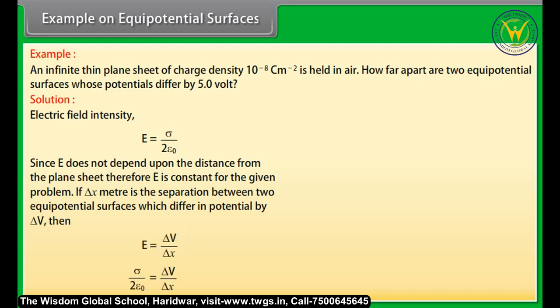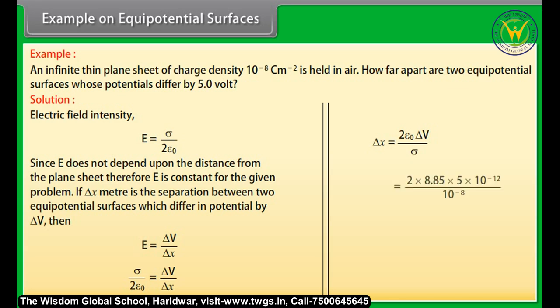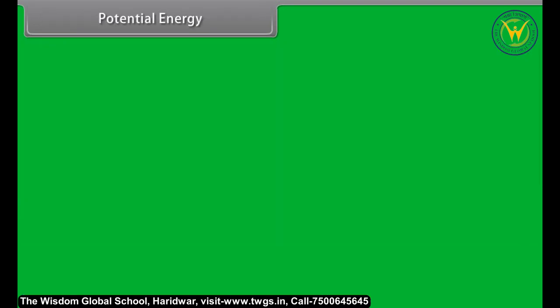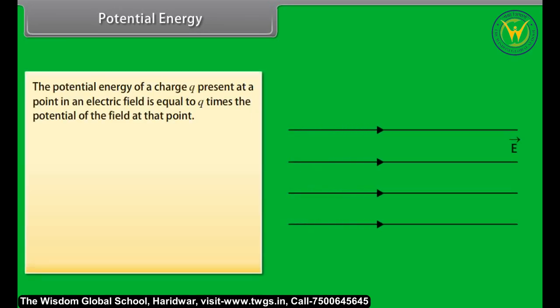We evaluate the value of delta x as 2 epsilon naught delta V divided by sigma. By putting the values in the equation and evaluating, we get the value of delta x is equal to 8.85 millimeter.